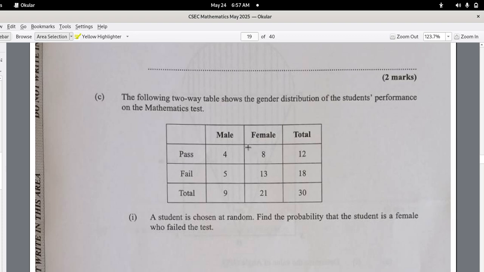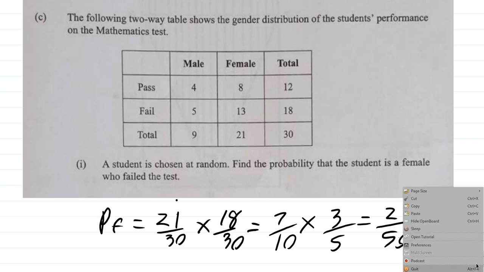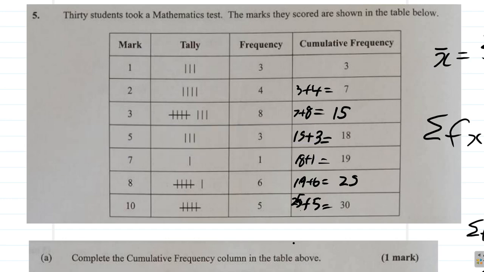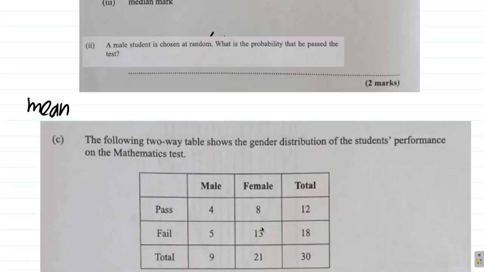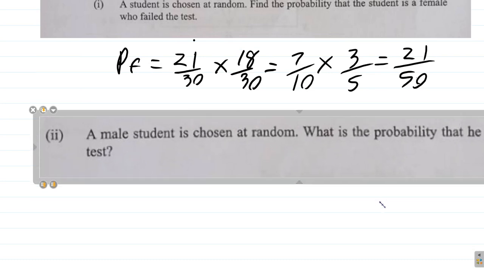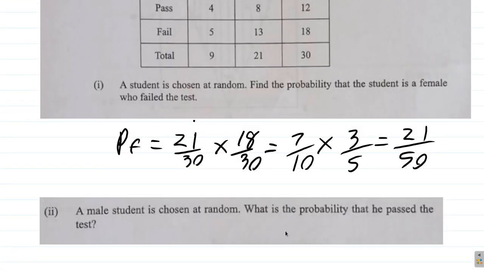So what else is going on here now? They say a male student is chosen at random. What's the probability that he passed the test? Let's pull this down to our work area and see what's going on. Now, this is a different situation. In the first situation, you just chose any student at random.